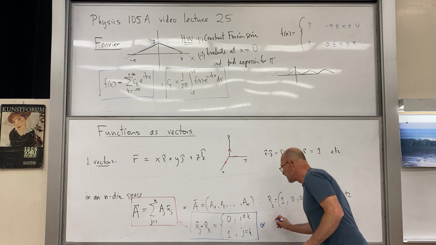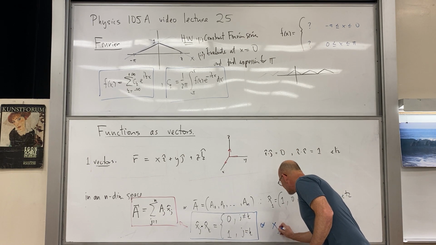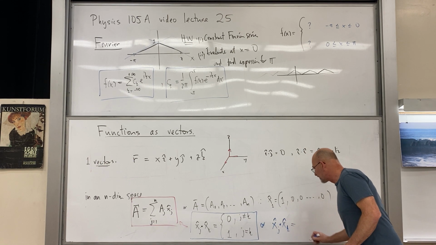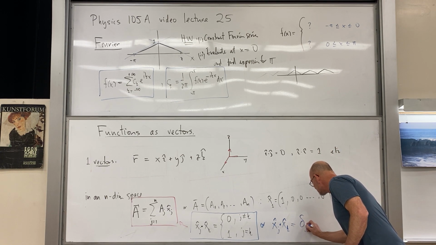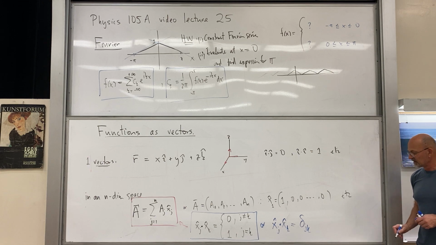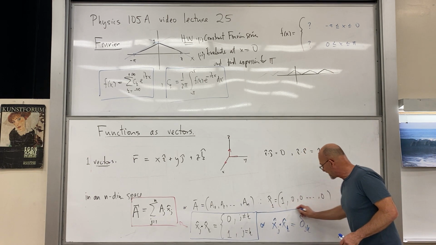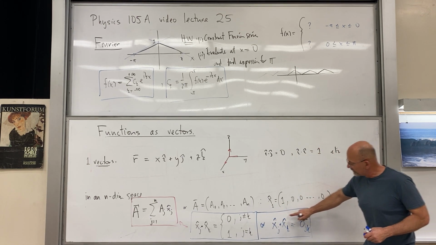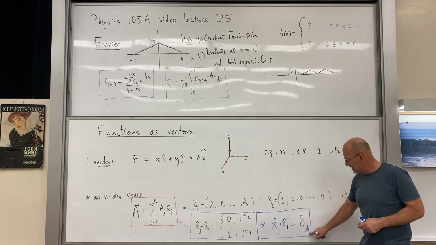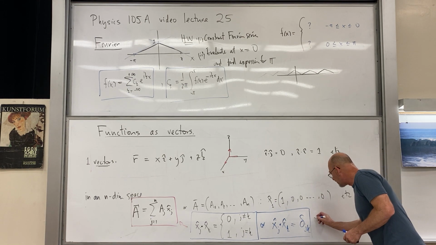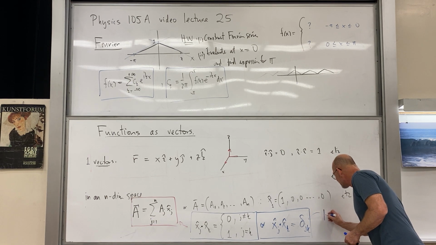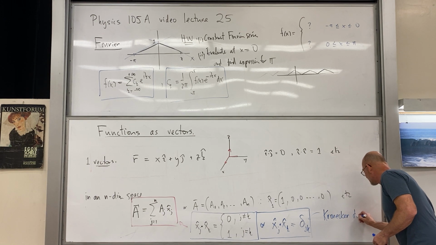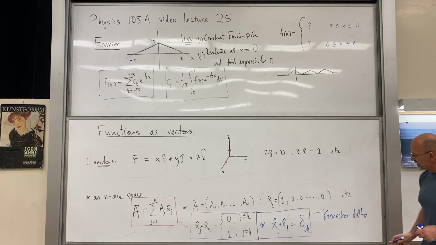Or we could say x sub j hat dotted into x sub k hat is equal to delta jk. The definition of this delta jk is exactly what I have right here. This delta jk is equal to 0 when j is not equal to k, 1 when j is equal to k, and it's called the Kronecker delta. Kronecker was a mathematician.